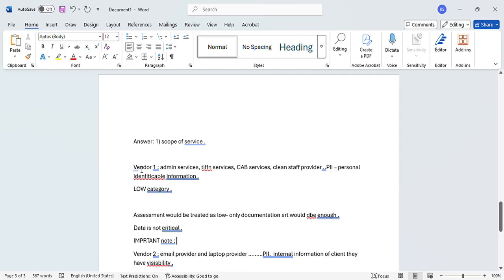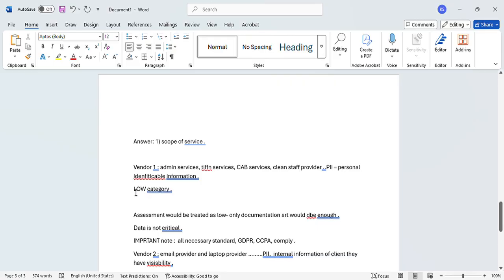Even if vendor one has very low category data and is treated as low category from the client side, they are still collecting the PII data. One important point to be noted here: all necessary standards, for example GDPR or CCPA, whichever data privacy regulations are applicable to the vendor, they need to comply with that.